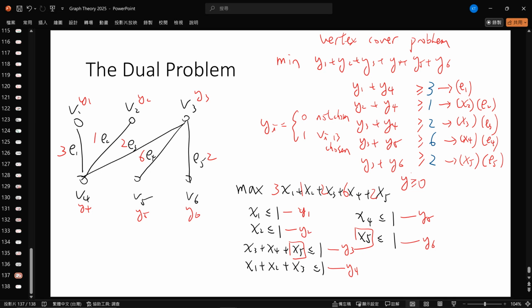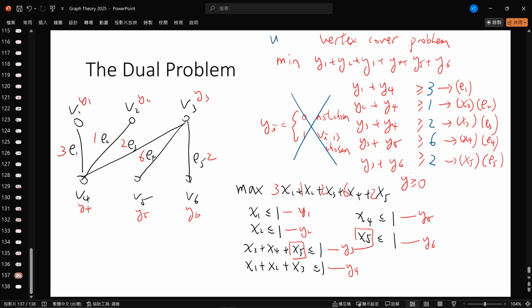Sometimes we have to make sure that the sum of two variables is at least 6, and if the sum is at least 6, we cannot have this binary constraint.